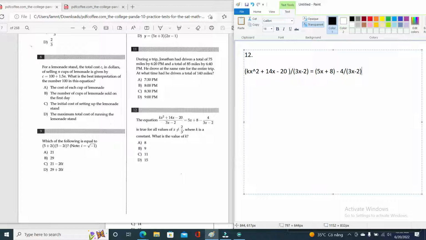We're going to keep the left side intact, and we're going to write the right side in fraction form, so that we can solve for k. So equal to (5x plus 8) times (3x minus 2) minus 4, over 3x minus 2.